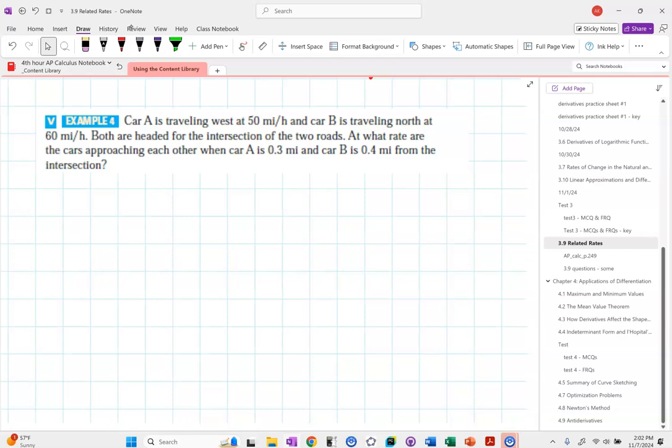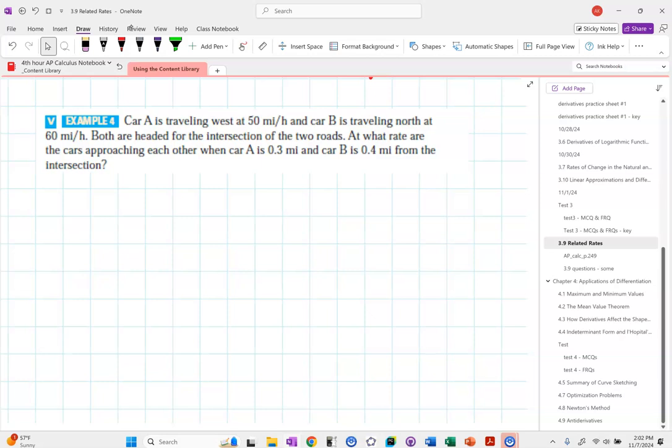All right. Next one. It says car A is traveling west at 50 miles per hour, and car B is traveling north at 60 miles per hour, both headed for the intersection of two roads.